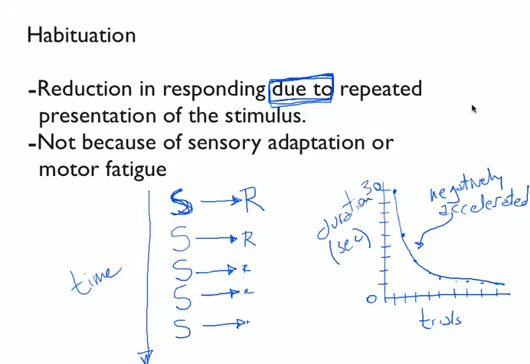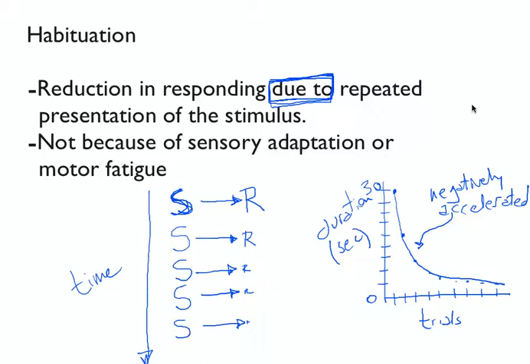Similarly with the orienting response, if I do this experiment over and over and over, where I present an infant with a repeated stimulus that is novel at the beginning, but over repeated trials I see a reduction in the production of this orienting response in the direction of the novel stimulus.